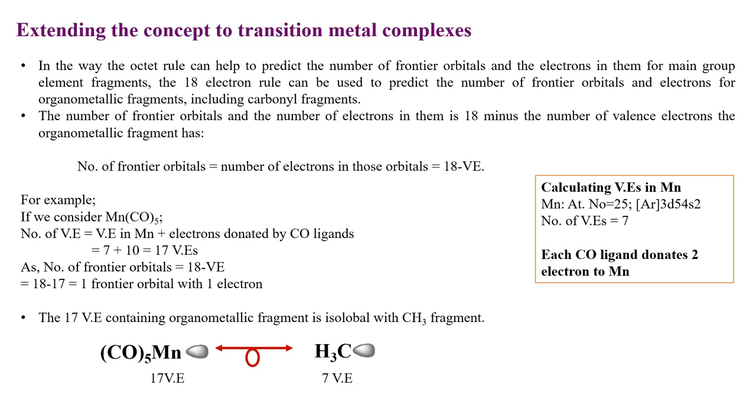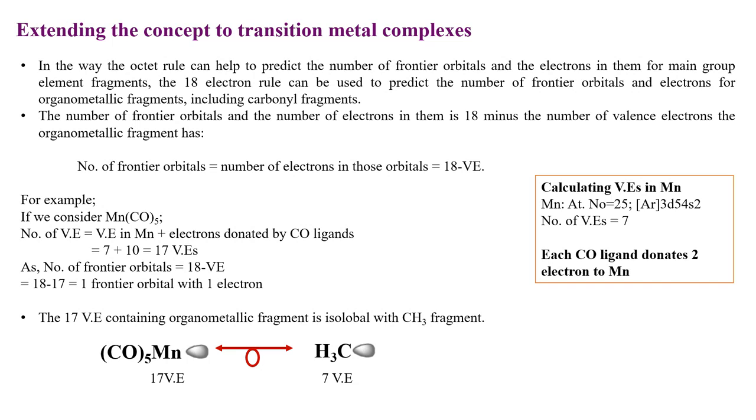The number of frontier molecular orbitals and the number of electrons in them is found to be 18 minus the valence electrons. Now, as I mentioned here, the number of frontier orbitals will be equal to the number of electrons in those orbitals, that is 18 minus valence electrons. We'll take the example of a simple carbonyl compound, pentacarbonyl manganese, that is Mn(CO)5. So how do we calculate the valence electrons in such complexes?